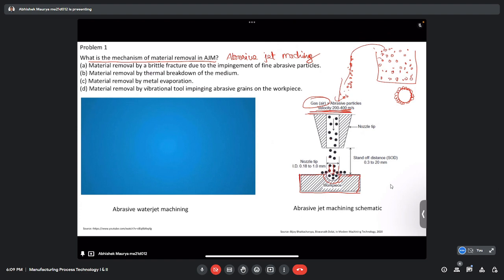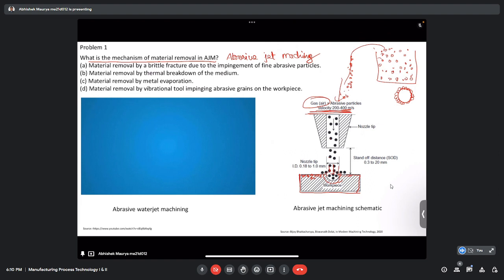When it hits, very localized deformation takes place. If the workpiece material is brittle, then because of the high impact force, the material in a very small area gets fractured, and the fractured material is thrown away by the high speed air.